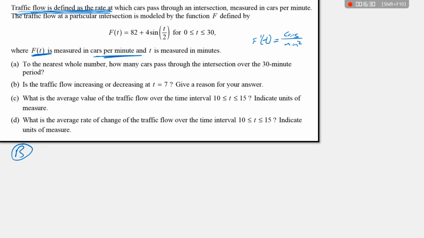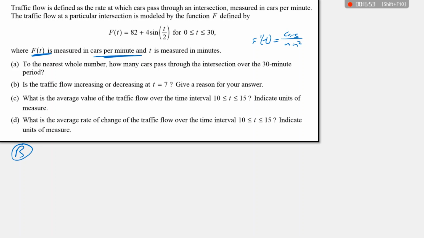If they had asked whether the number of cars is increasing or decreasing at t equals 7, that would just be f of t. But because they're asking for traffic flow, this one is going to be f prime, and my units are cars per minute squared, not just cars per minute.